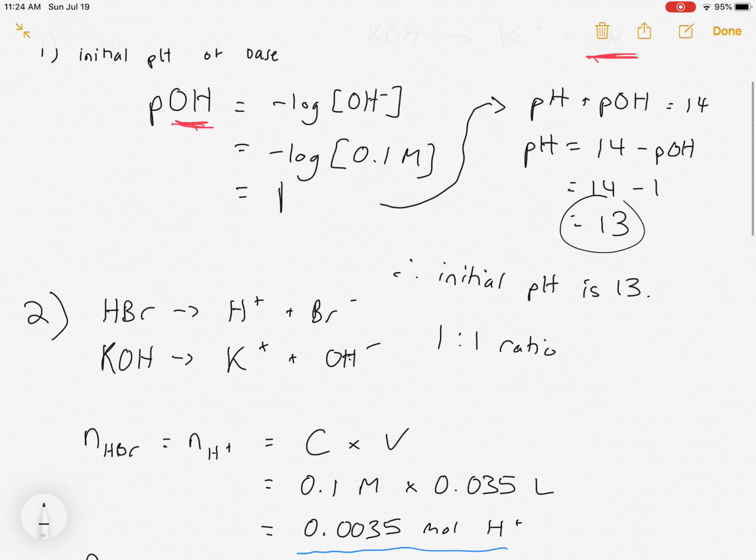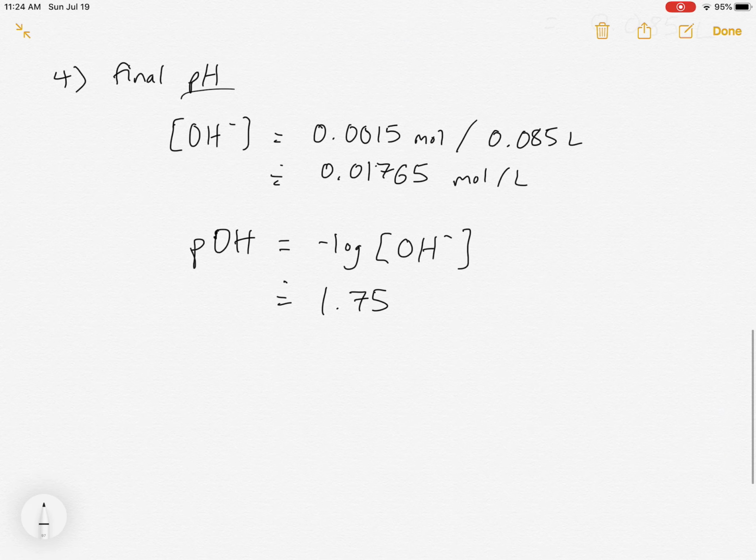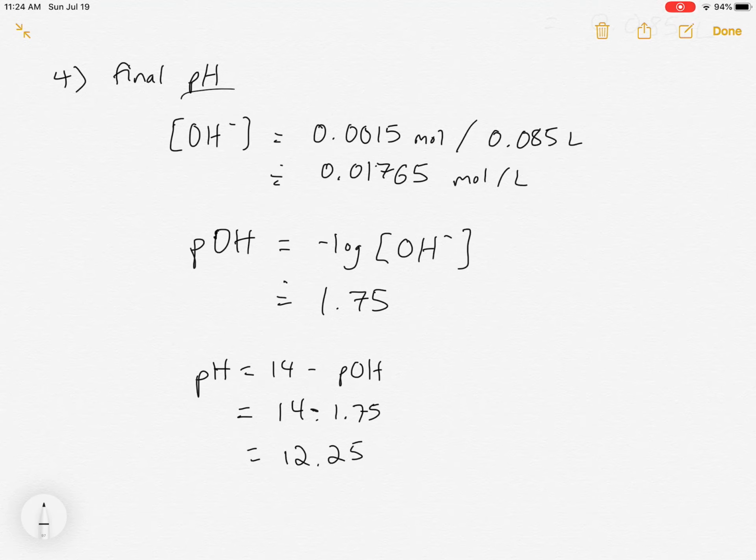And as we saw up here, pH equals 14 minus pOH, or 14 minus 0.75, which should give you about 13.25. So that would be the final pH of the solution.